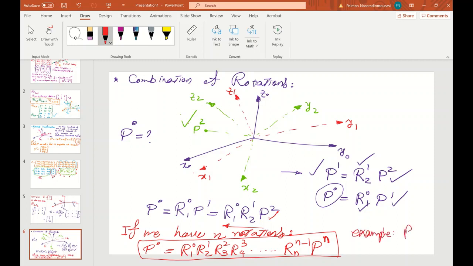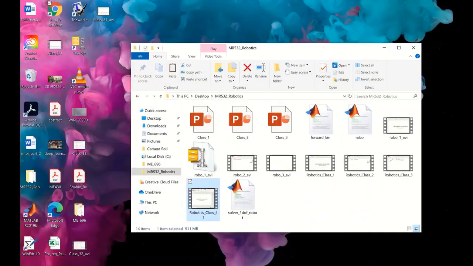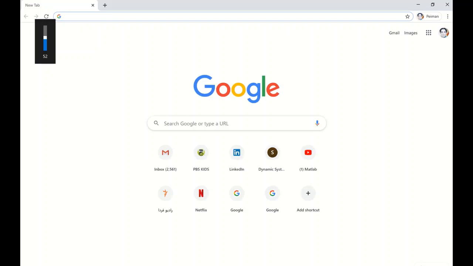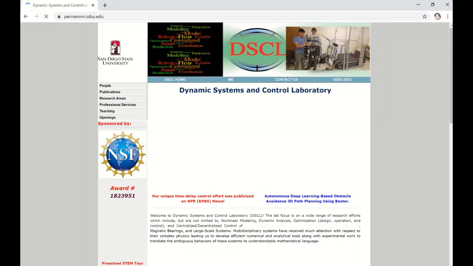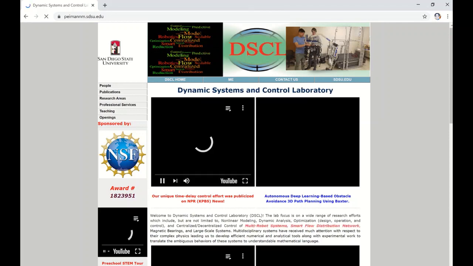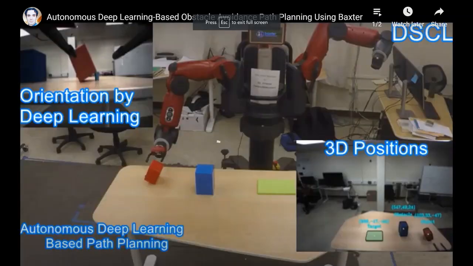Example: our Baxter in the lab. How? Just look here, guys. If you look again at the Baxter in my lab website, you go to the Baxter page, and I'll make it bigger for you.